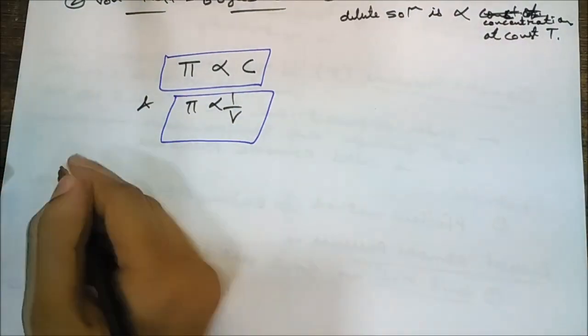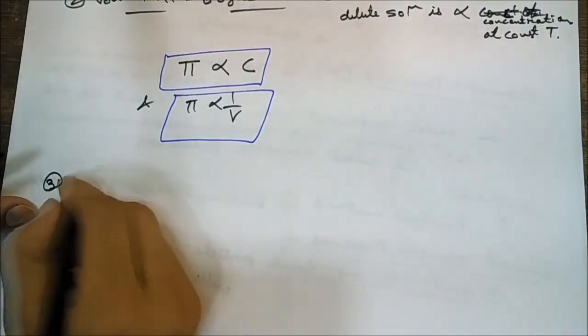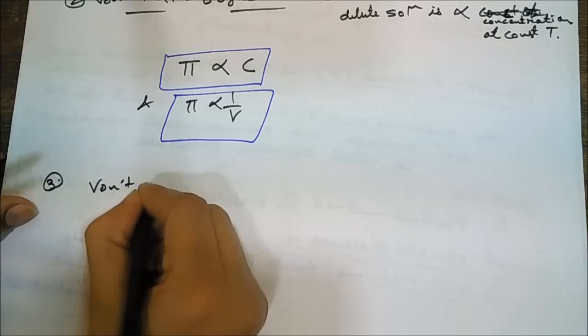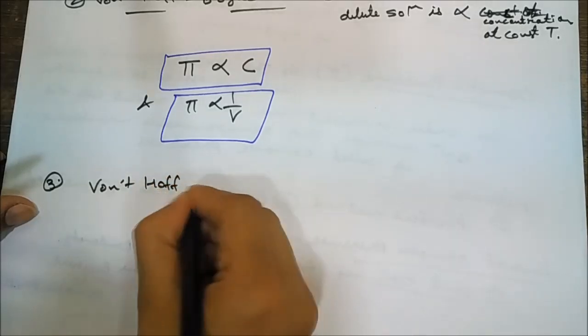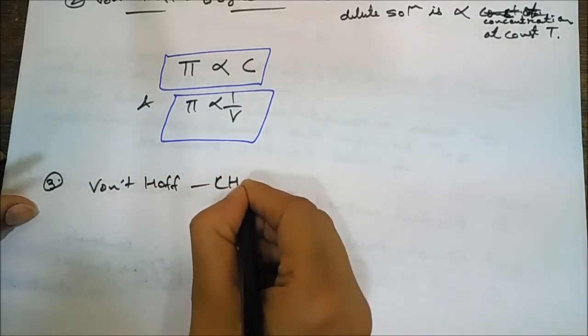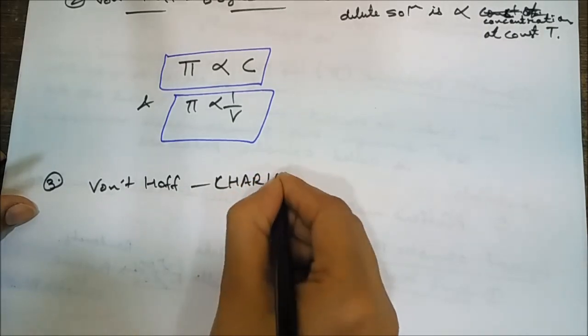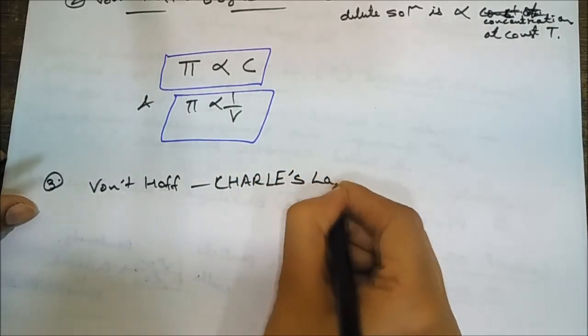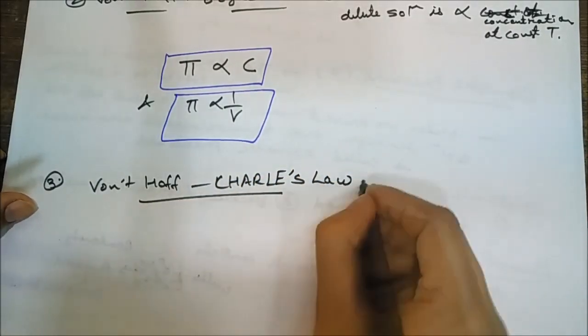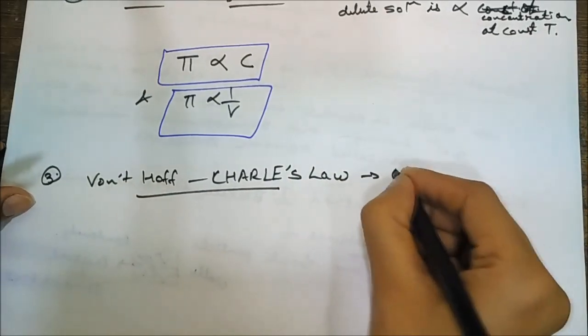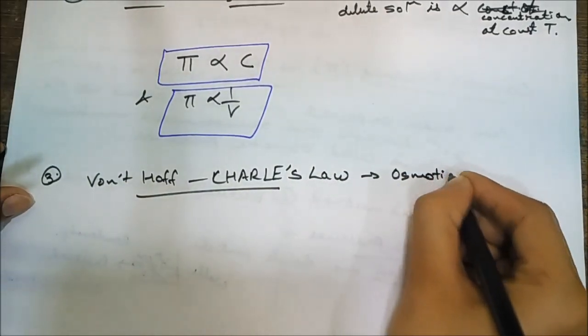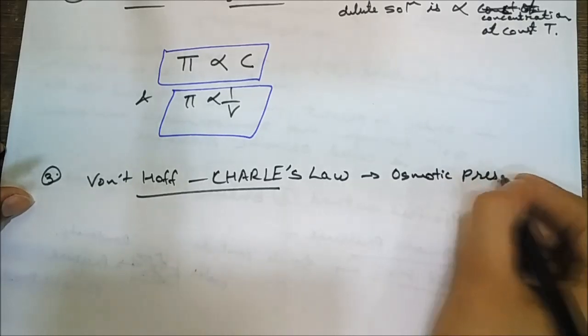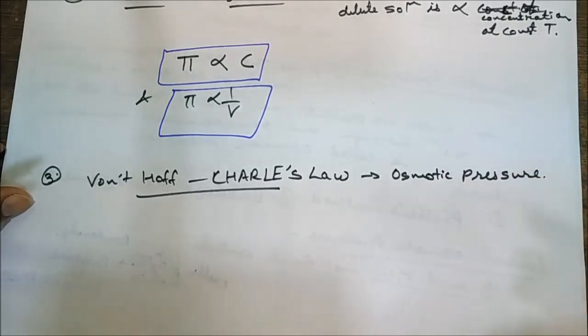The third one is Van't Hoff-Charles law. According to this law, the osmotic pressure, here the term used is dilute solution.